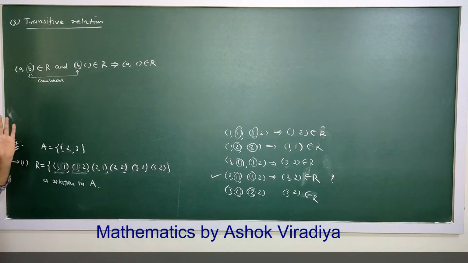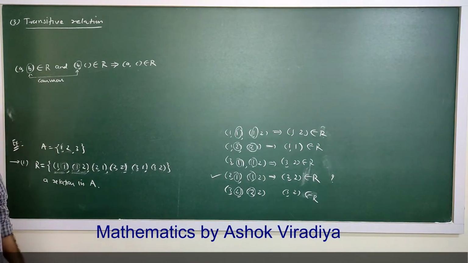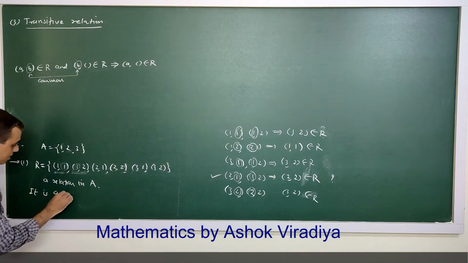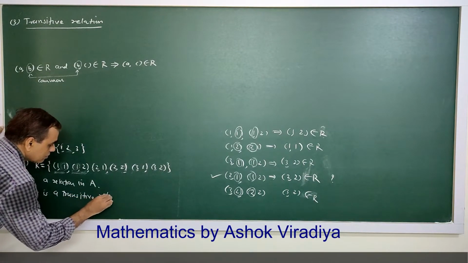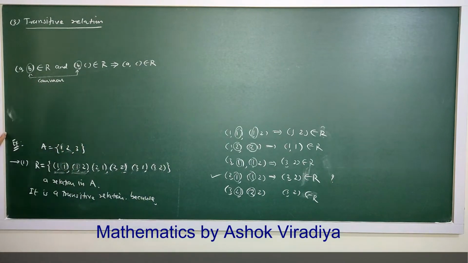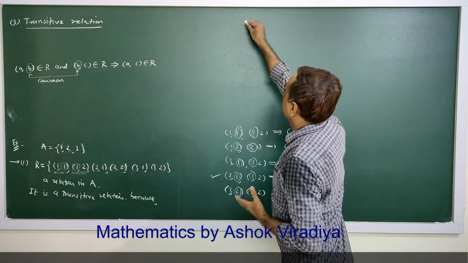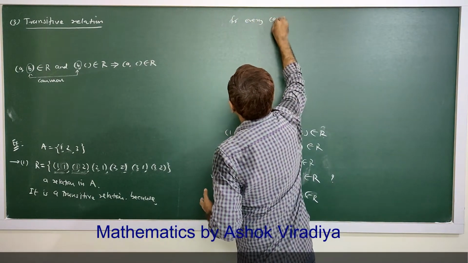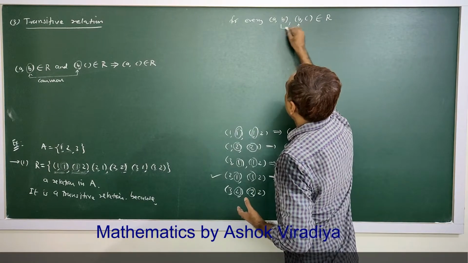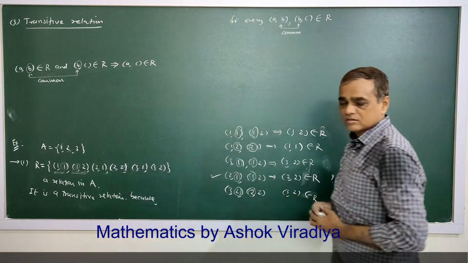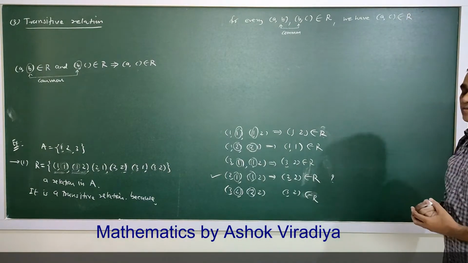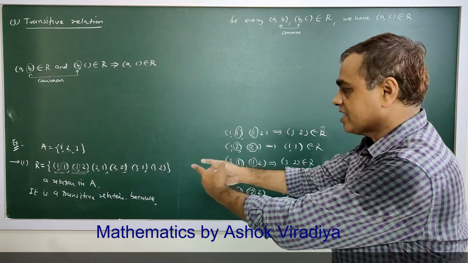So this is a transitive relation, because for every AB and BC belonging to R, in which this is common, we have AC also belonging to R. Therefore, this is a transitive relation.